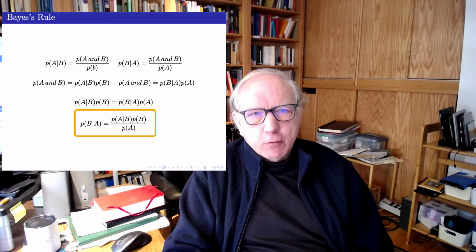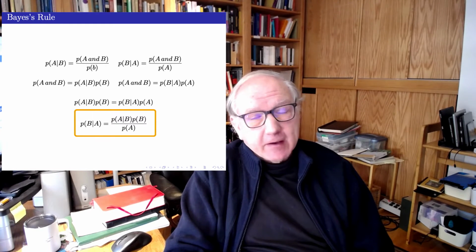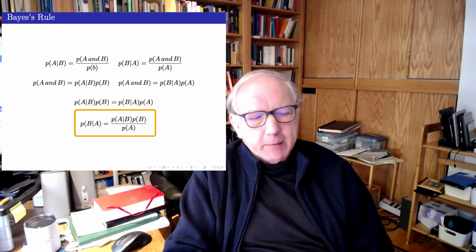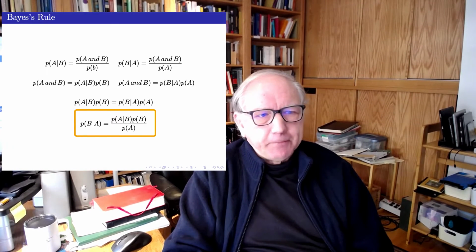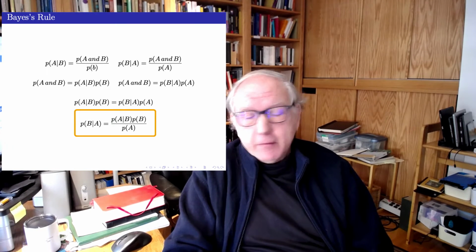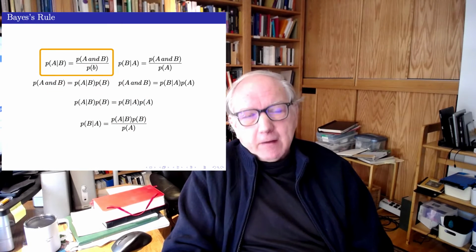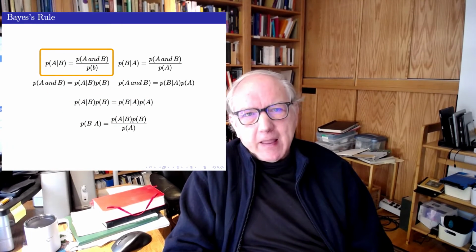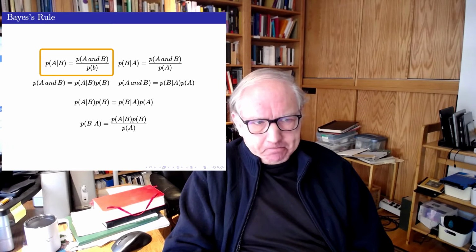Okay, in order to understand that, well, it's actually very easy. It's just an algebraic identity. So let's just walk through those steps. The first step is to give the definition of the probability of A given B. And that's defined as the probability of A and B divided by the probability of B, capital B, that should be.